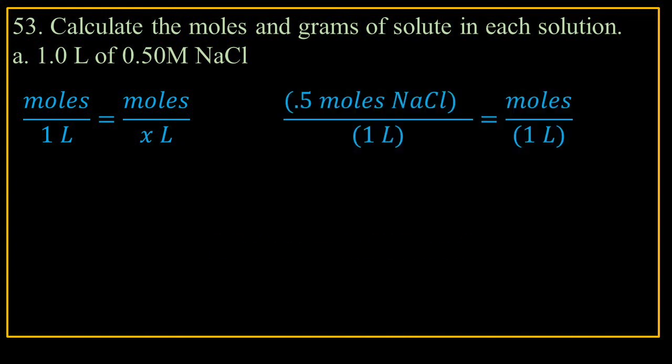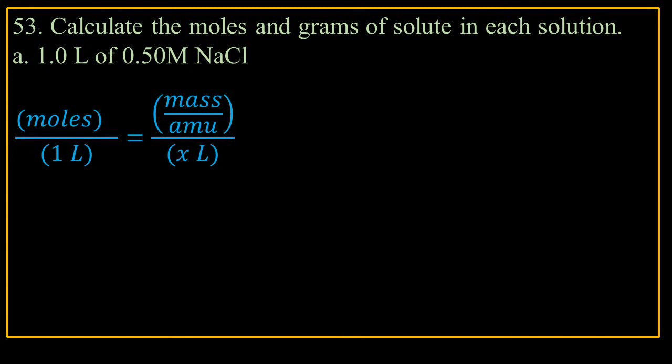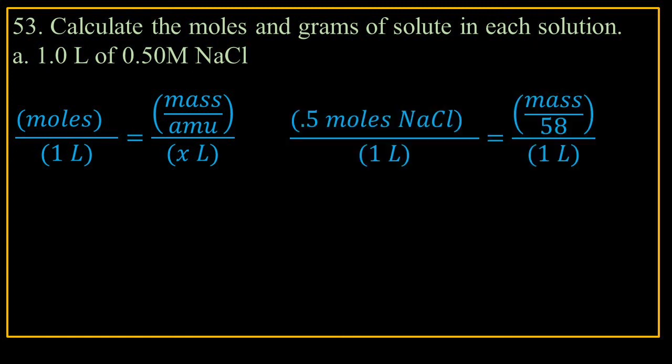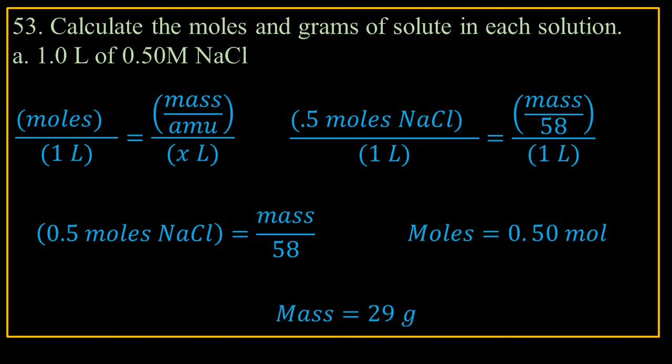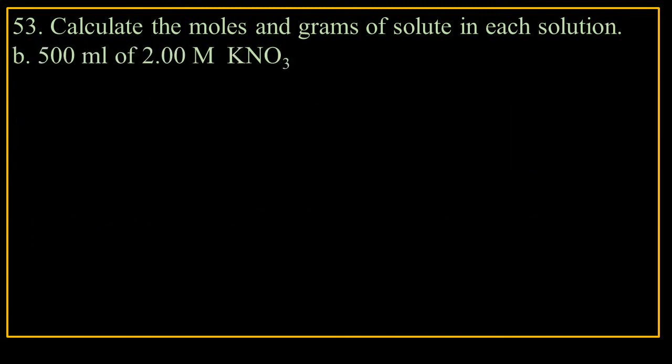I'm just using proportional relationships here. So half of 58, so it's 0.5 moles, so 0.5 cross multiply, and you get 29 grams.